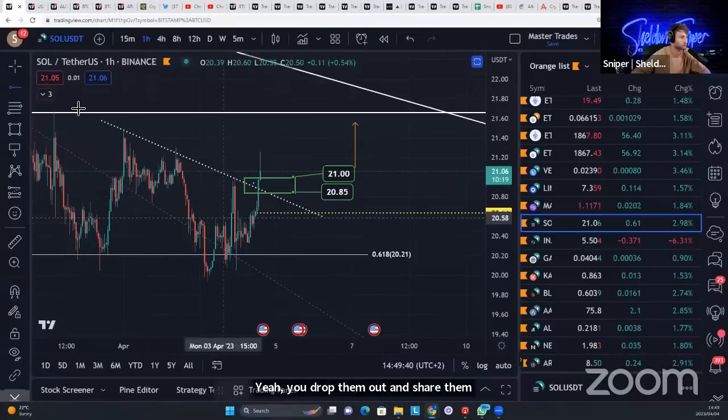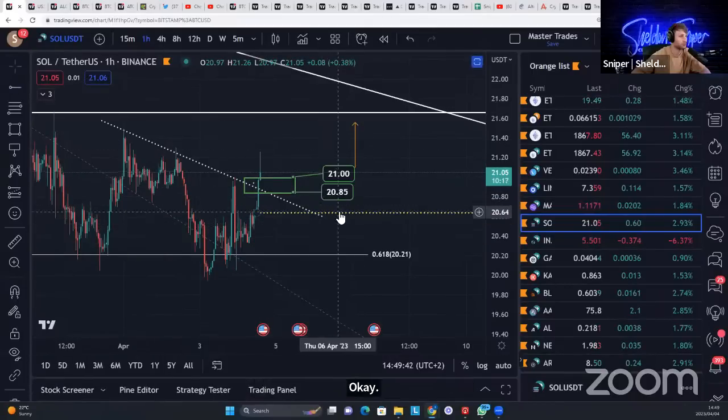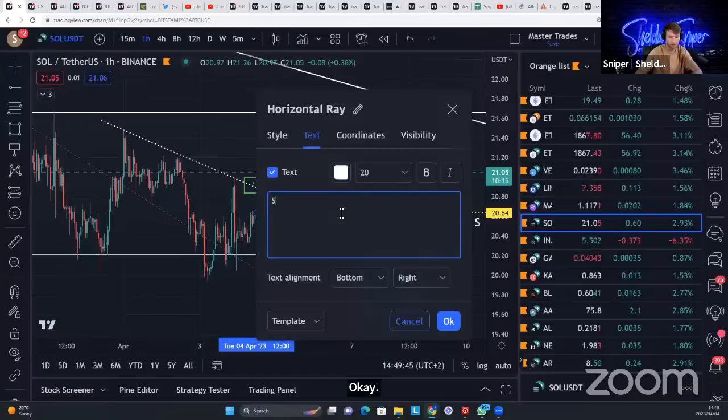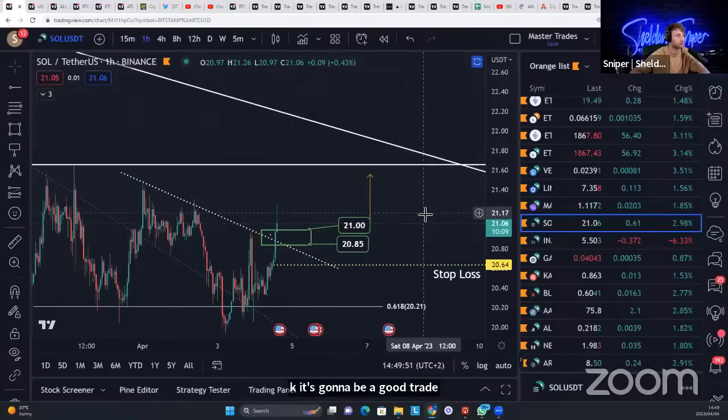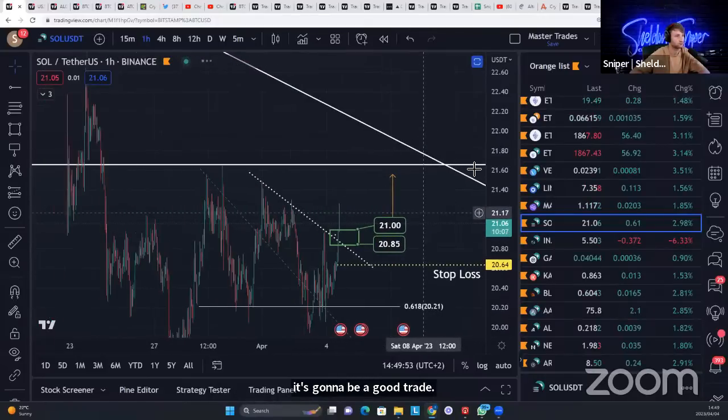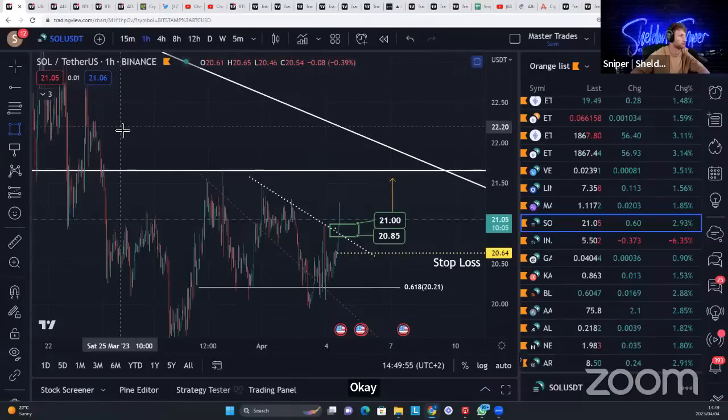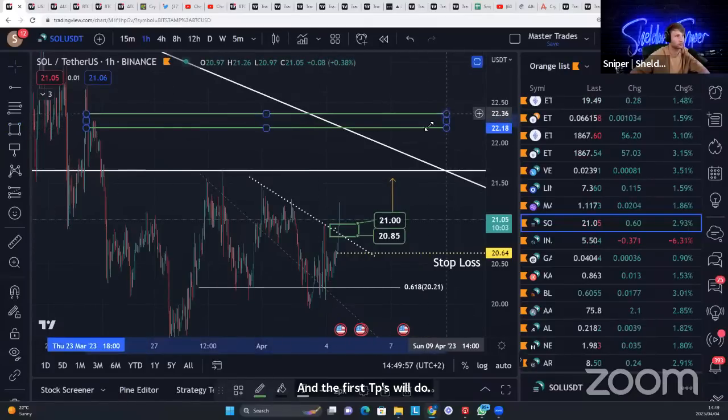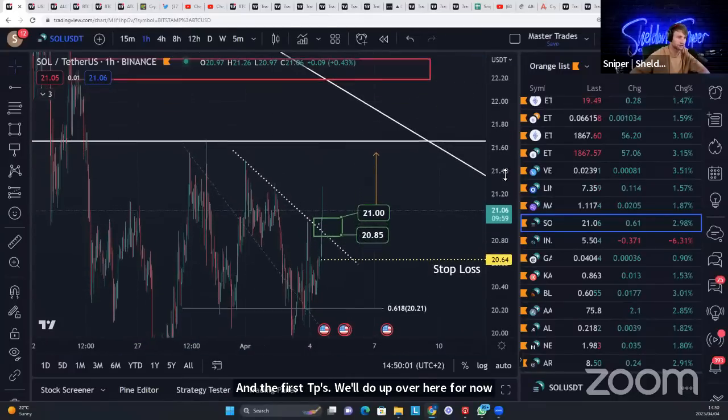Okay, so that would be the stop loss. This, I also think, is going to be a good trade. And the first TPs we'll do up over here for now. Don't be afraid to take profits, guys. We've got trades every single day.